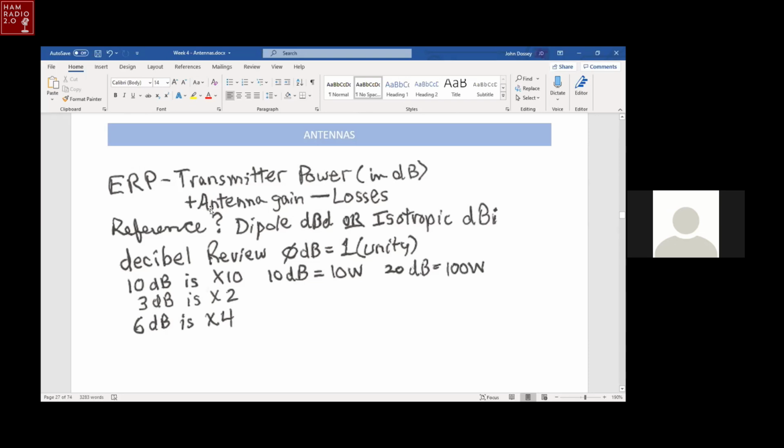You don't need a calculator. We're going to do all this without a calculator. So for ERP, effective radiated power, you add the antenna gain and subtract the losses in your antenna system. Losses in the antenna system can be feed line loss, antenna loss.